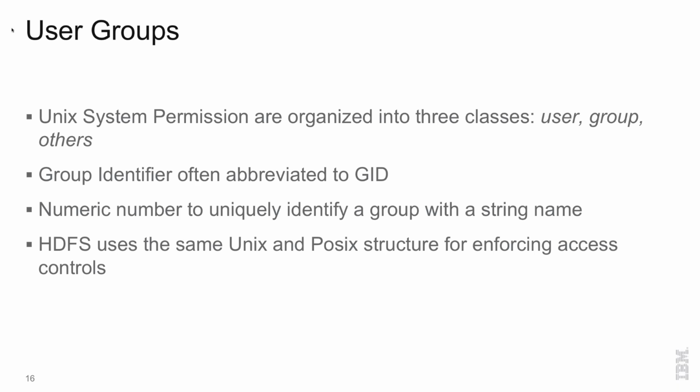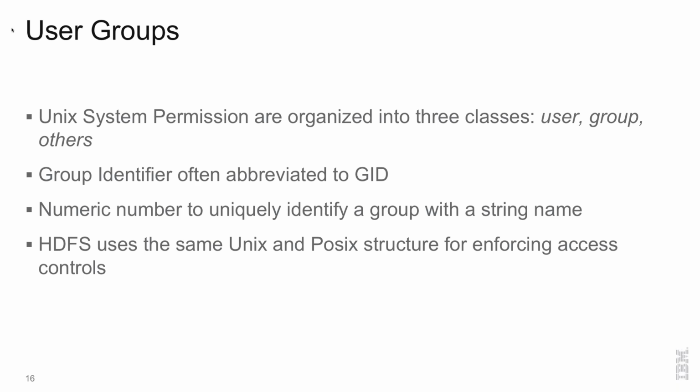Whether through Kerberos, LDAP, or PAM, what you get into the system is a username and associated group. You can get the group from LDAP or from the system, the user group.